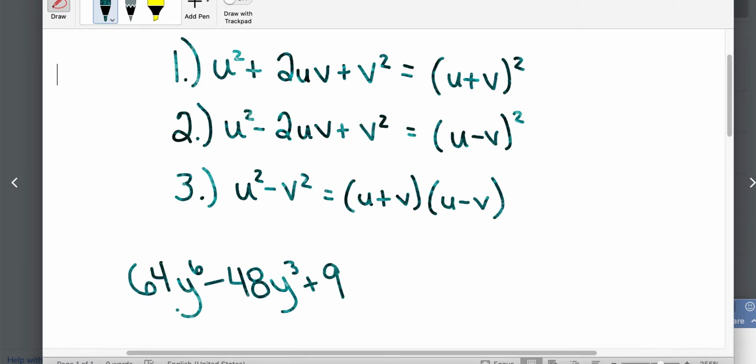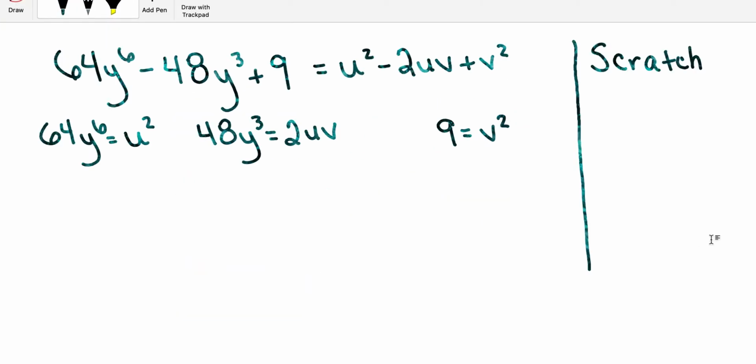So as you can see, this is a problem that I'll be factoring, and I will be using the second case here, the second identity. As we've done in the past two problems, we set the original problem equal to its potential identity. In this case, we say that it looks more like this one than the other two. So we set each corresponding term equal to its corresponding term.